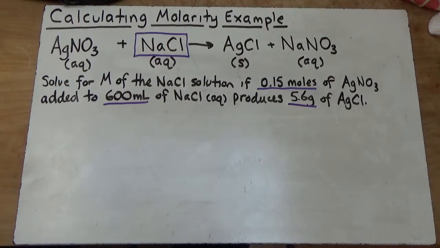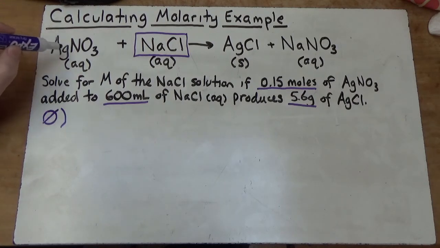Well, the first thing we have to do, and this is kind of a step zero, you might even take it for granted, but it is important, we can only calculate molarity of anything if we know exactly how much we're dealing with. So we need to make sure that AgNO3 is not the limiting reactant.